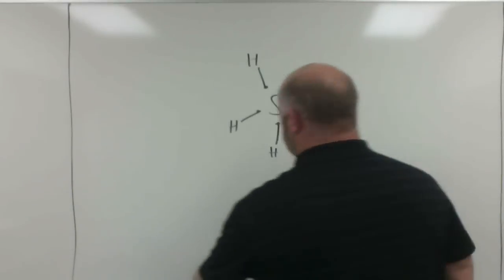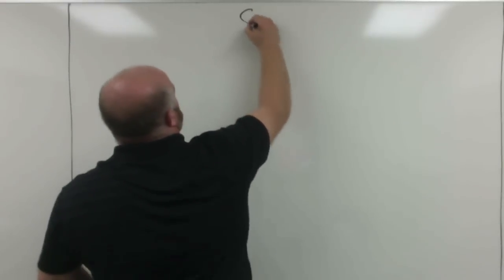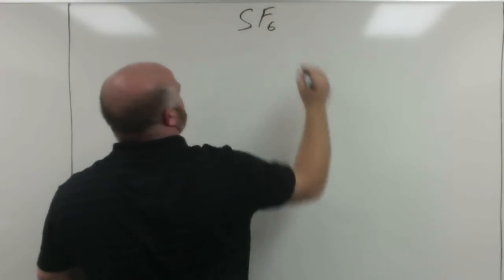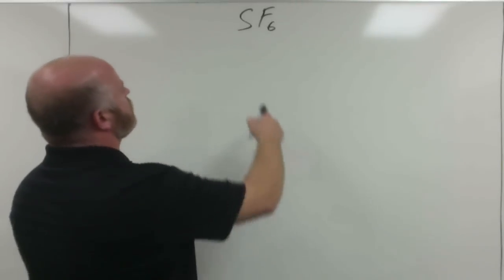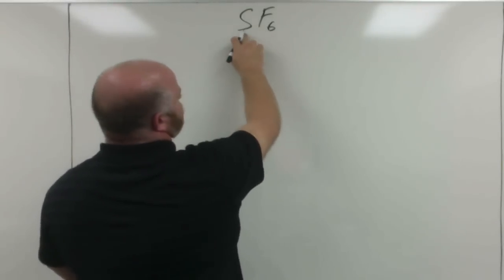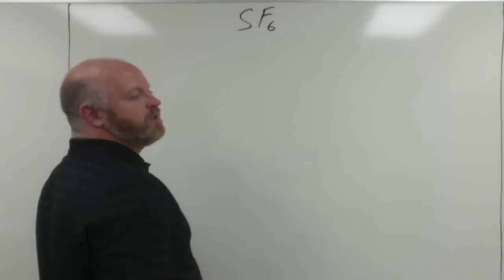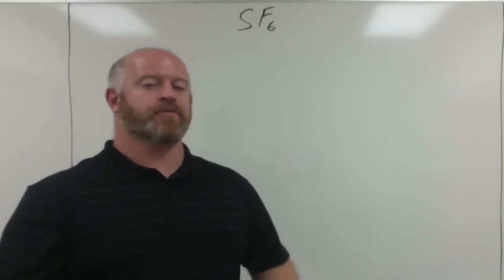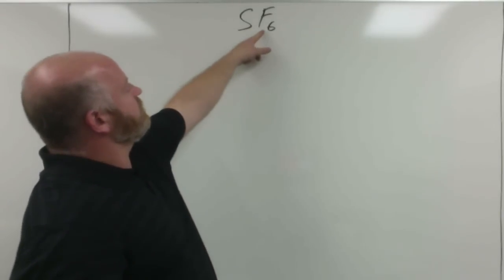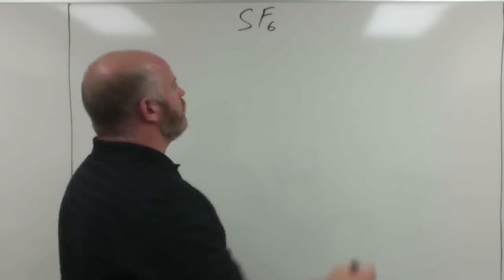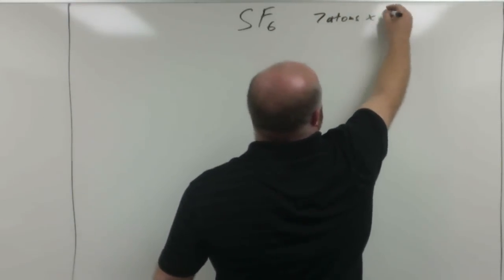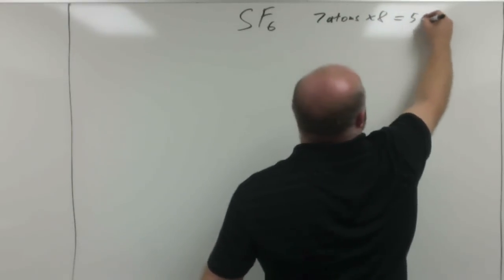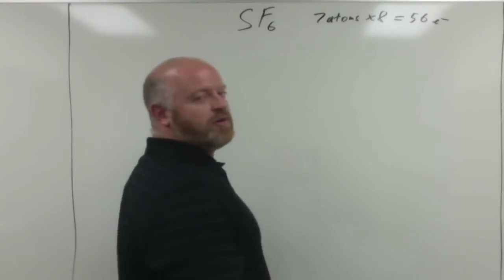Now here's one problem when we start dealing with the math behind this. Let's take sulfur with 6 fluorines. Mathematically, sulfur wants to have a certain number of electrons, fluorine wants to have a certain number of electrons. We've always been saying that's a magic number of 8. So if we have 6 fluorines and 1 sulfur, we have 7 atoms here, which we would take times 8, so we would say you need 56 electrons to start our math.